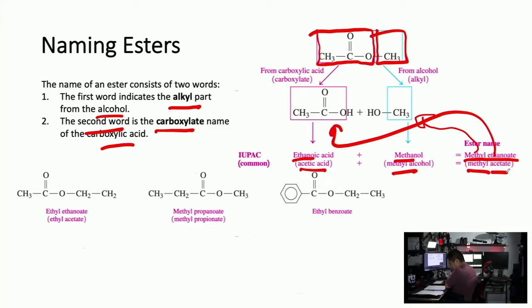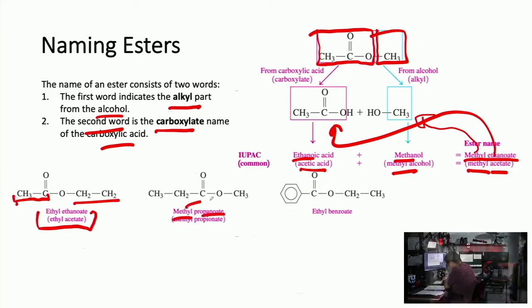Some examples here. Here's ethyl ethanoate, right? 2 carbons there for the ethyl group, and then the acetate group there, or the ethanoate group there.